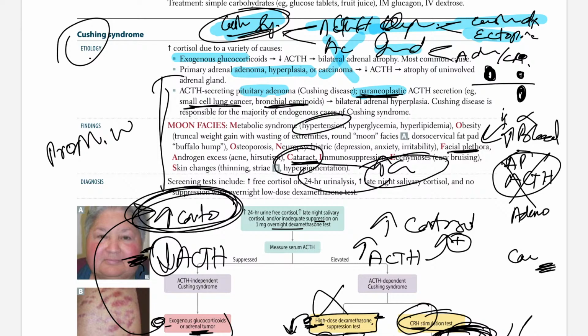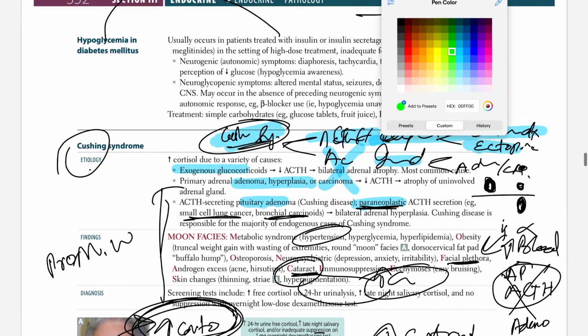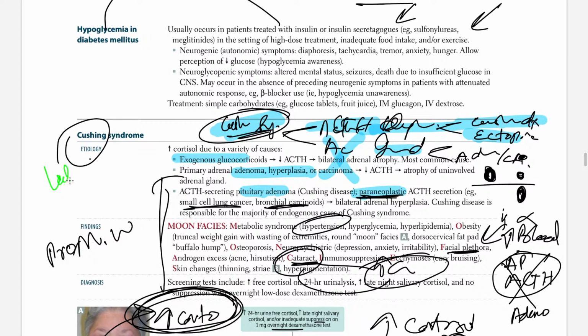Since we are here, let's also talk about one extra thing, which is the labs, which is also essential. Let me write it here. In Cushing's, you will have these lab values, but on top of this, you will also have low potassium.